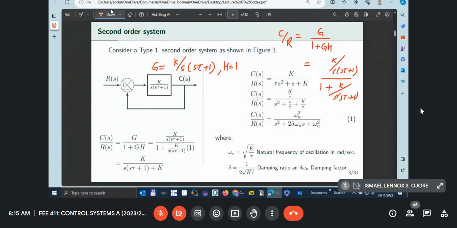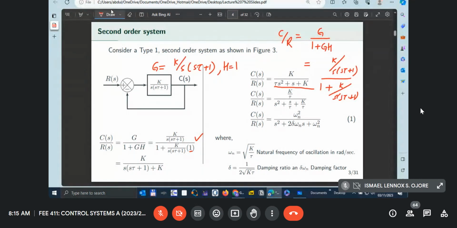The 1 here represents the sensor feedback or feedback gain, that is H, which is equal to 1. When you simplify, you get this equation, where our characteristic equation is of order 2.